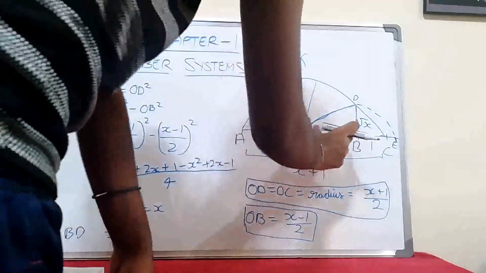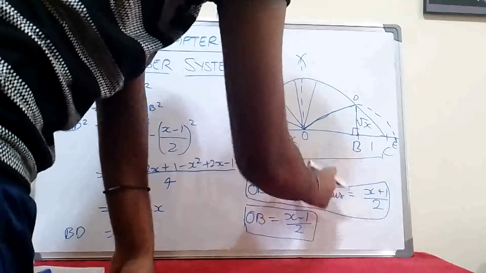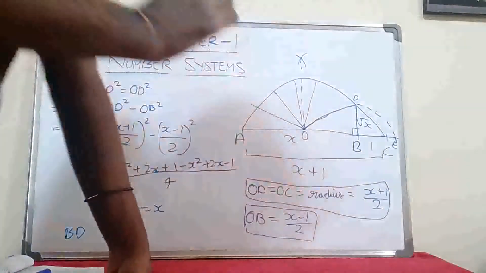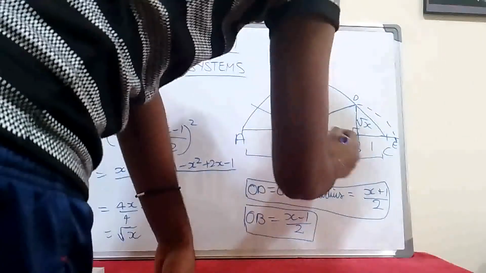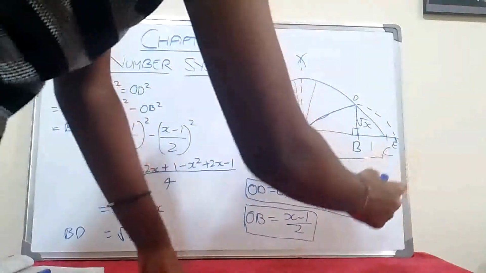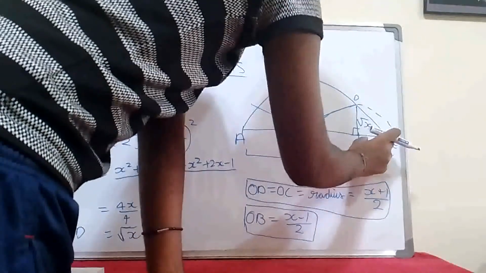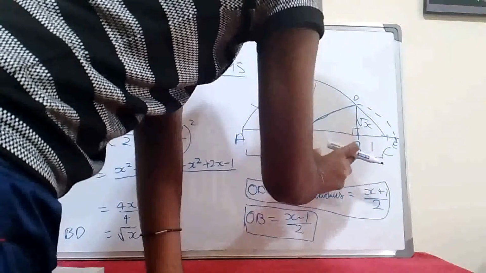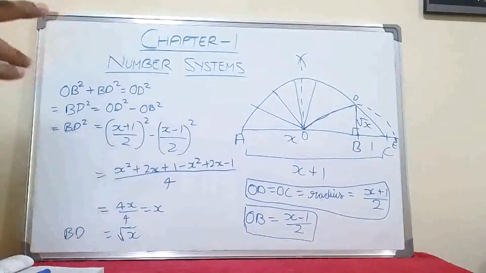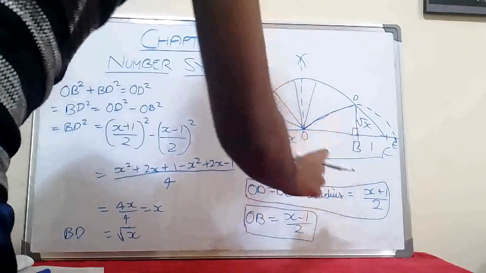We have two values here, OD and OB. What is OB? If x plus 1 by 2 is this, then OB is x minus 1 by 2, because here this 1 is not included. OC is x plus 1, but OB is x minus 1.